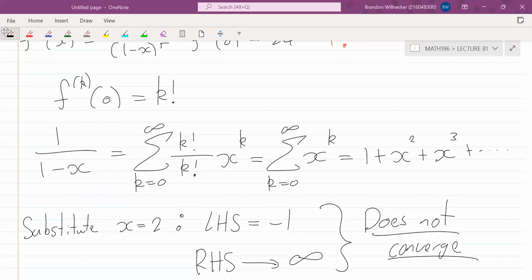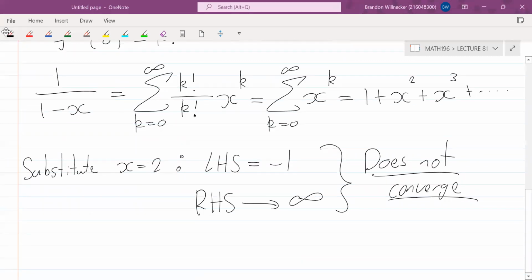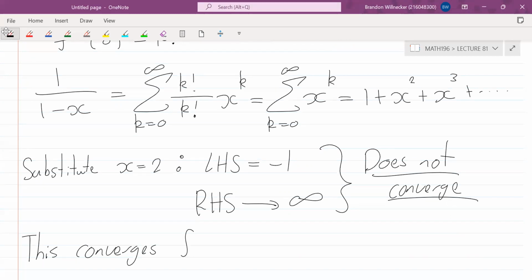So for the right-hand side to be equal to the left-hand side, we need that the absolute value of x is less than 1. So this converges for absolute value of x being less than 1.